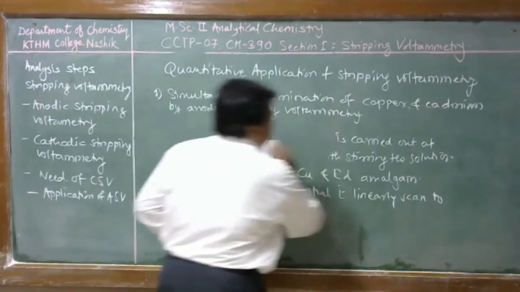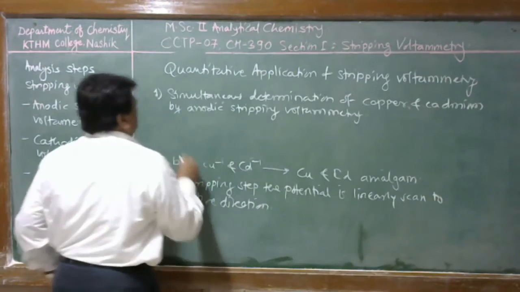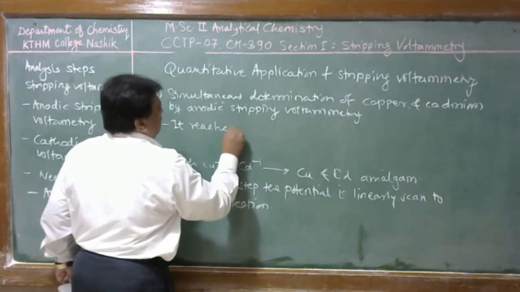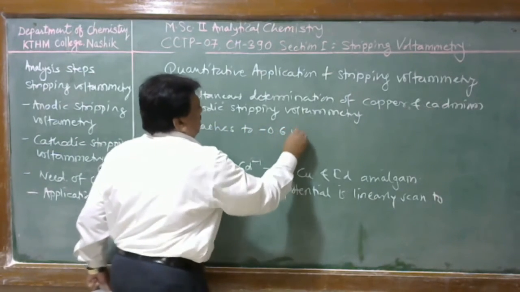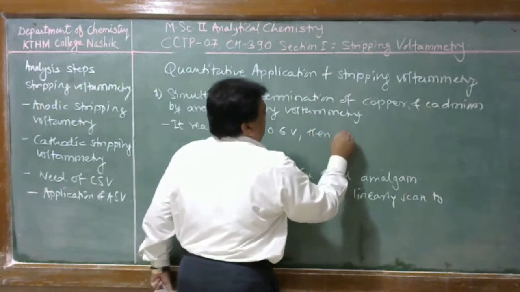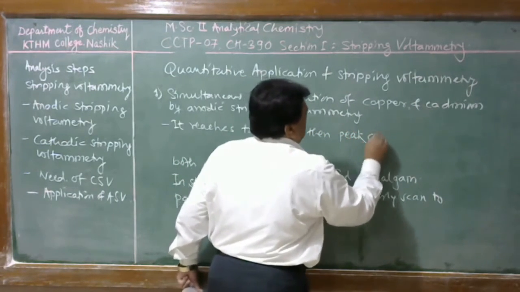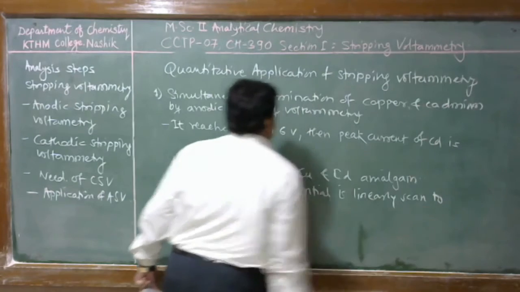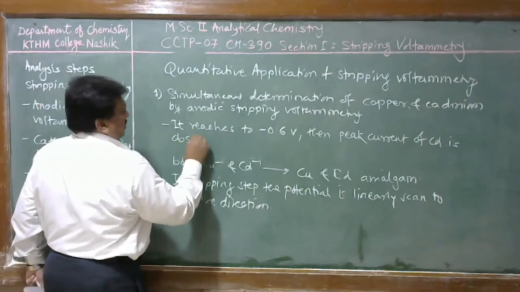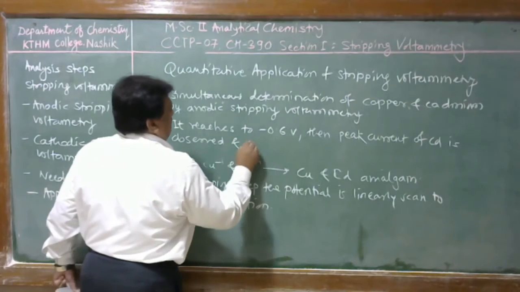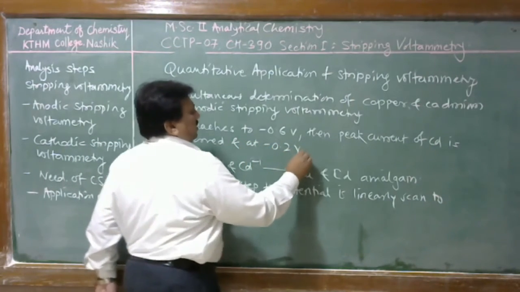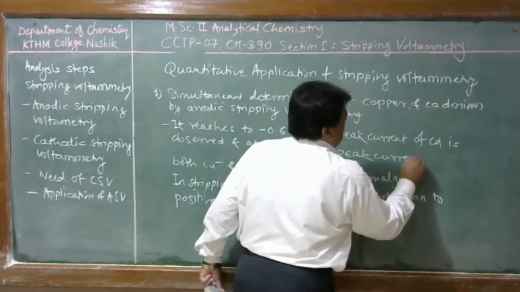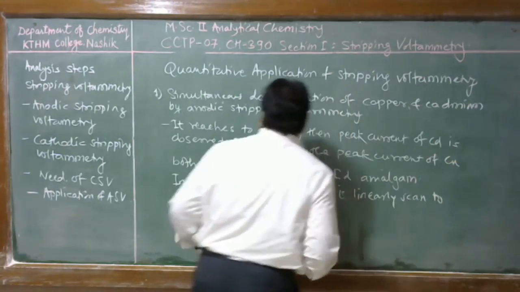When it reaches minus 0.6 volt, a peak current for cadmium is observed, and at minus 0.2 volt the peak current of copper is observed.